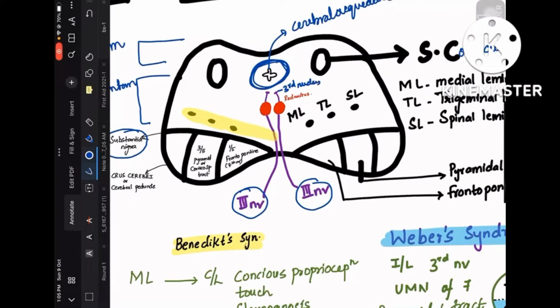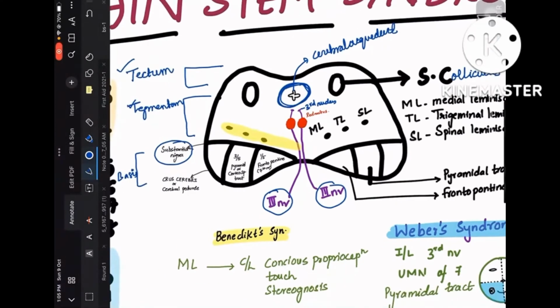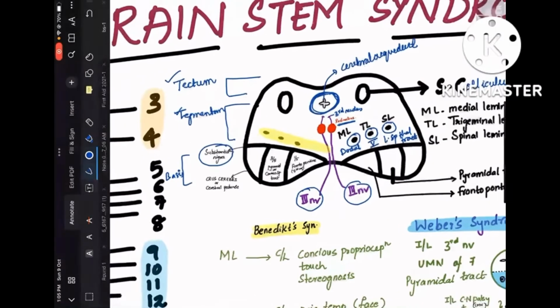And right ventral to the third nucleus, there is another nucleus labeled here, which is the red nucleus. The three dots over here are the medial lemniscus, trigeminal lemniscus and spinal lemniscus. The medial lemniscus is about the dorsal column, the trigeminal lemniscus, as the name itself says, is for the fifth nerve, and the spinal lemniscus is for the lateral spinothalamic tract, that is for pain and temperature.